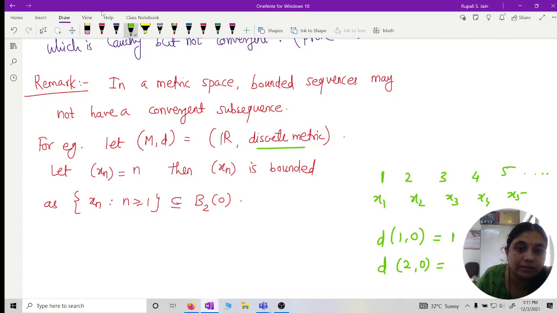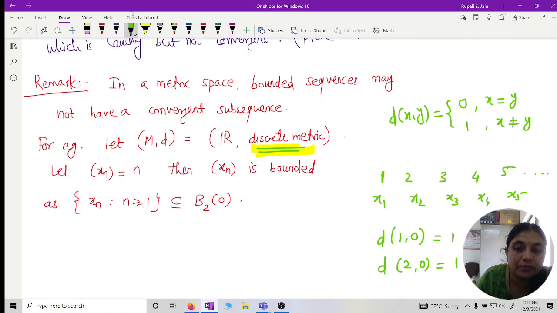What is the discrete metric? d(x, y) is equal to 0 if x is equal to y, and 1 if x is not equal to y. So when 2 is not equal to 0, the distance is 1, right? What is the distance between 3 and 0?